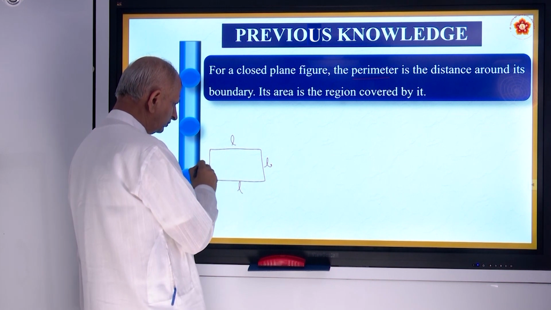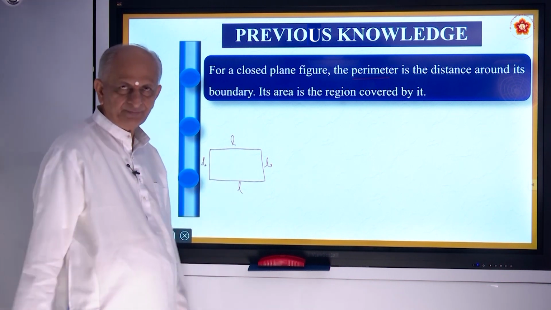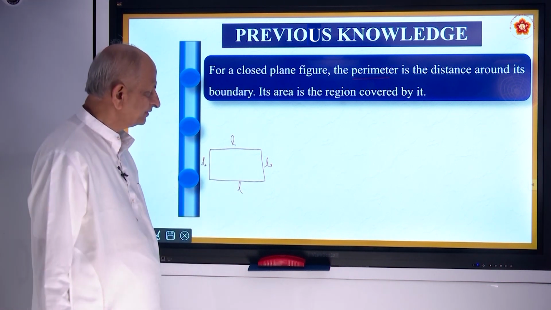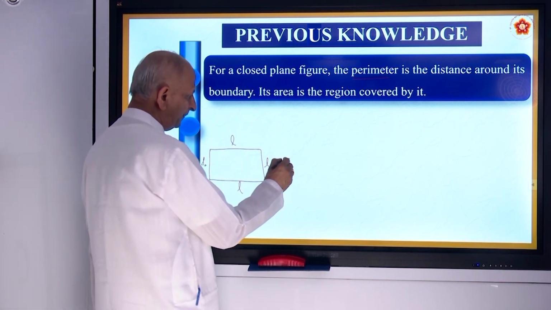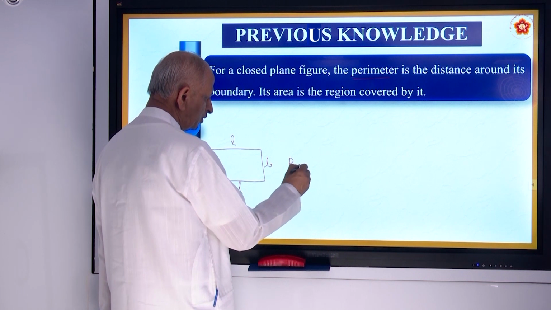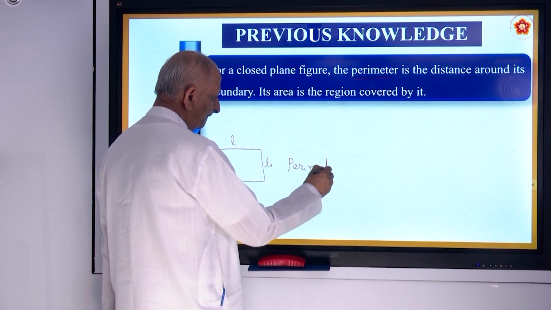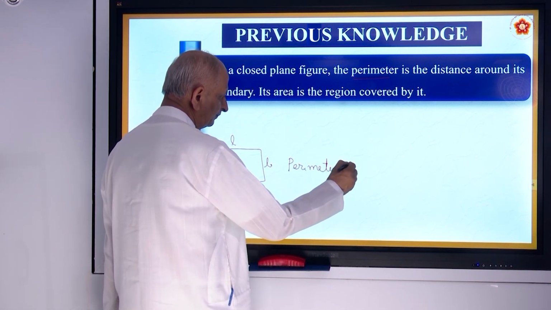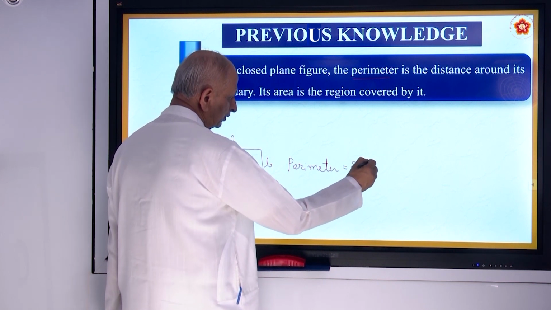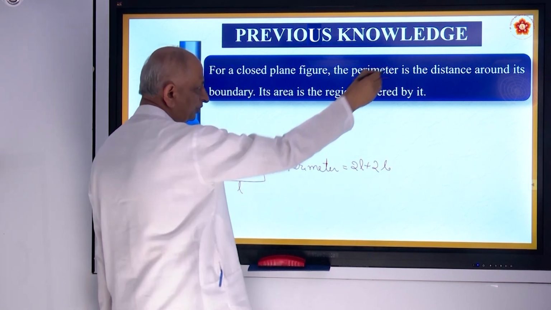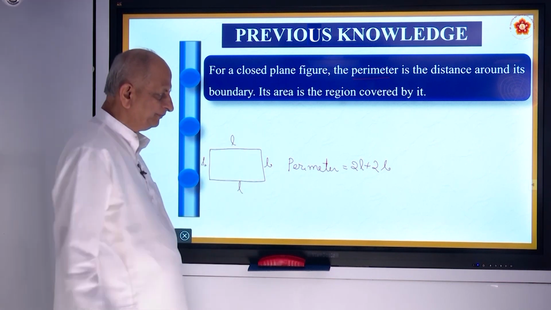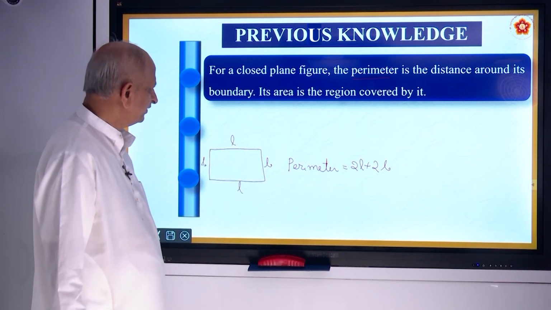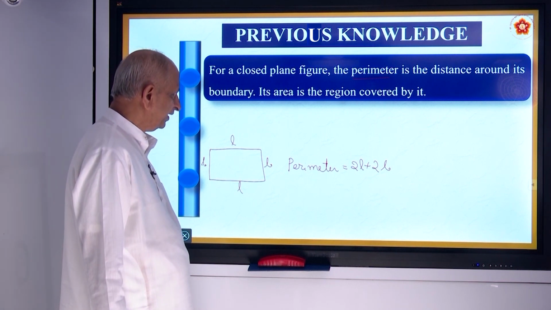It has two lengths and two breadths, correct? So 2 lengths and 2 breadths. So we say perimeter is equal to 2L plus 2B. Okay, so that is what is told there. The distance around its boundary, this is called the boundary.